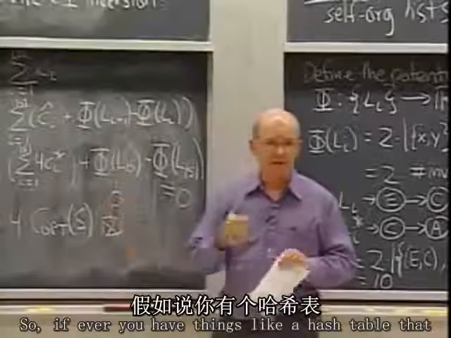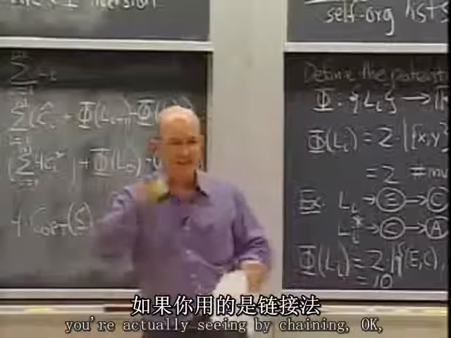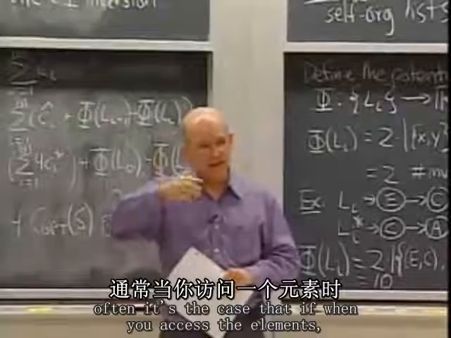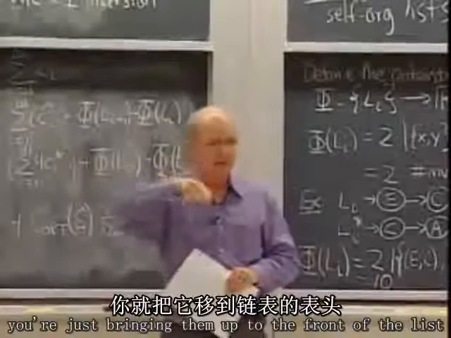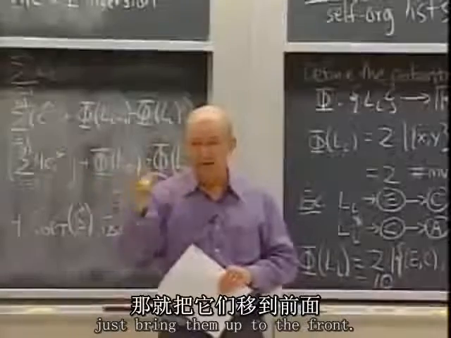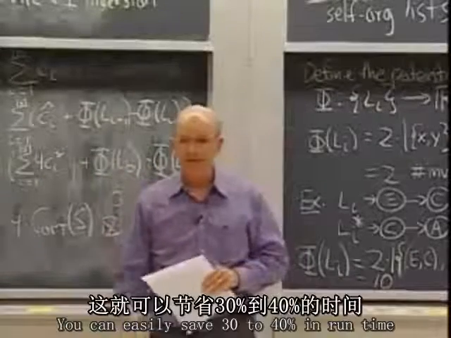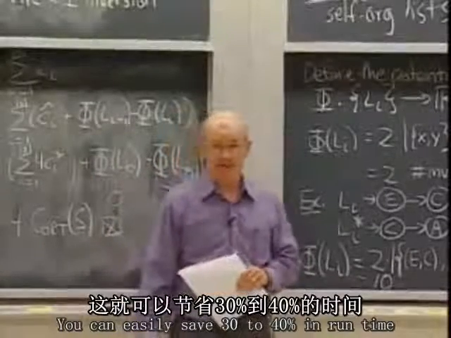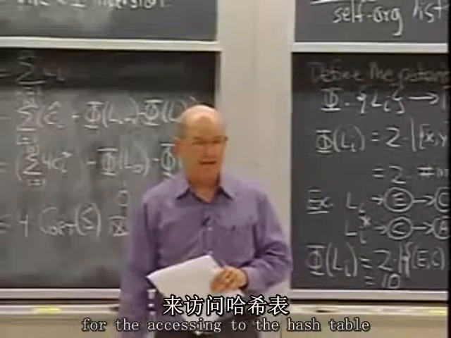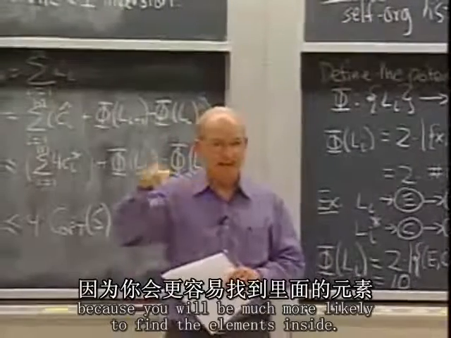So if ever you have something like a hash table that you're accessing by chaining, often it's the case that when you access the elements, you just bring them up to the front of the list. If it's an unsorted list that you've put them into, just bring them up to the front. You can easily save 30–40% in runtime for accessing the hash table, because you'll be much more likely to find the elements inside.